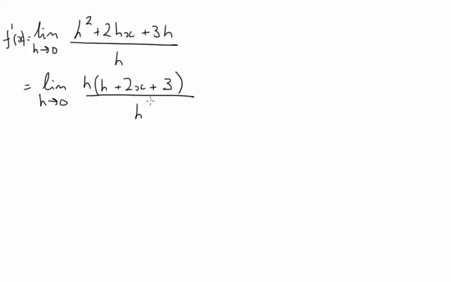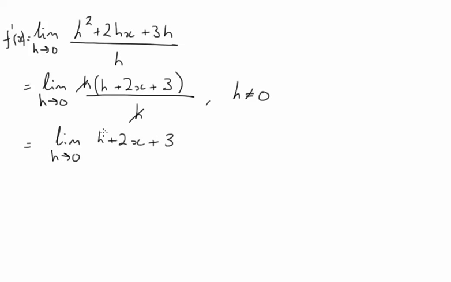This is a very important step. When you cross these two out, you must write h does not equal 0, because you can't cancel them if h equals 0. You're basically showing you understand calculus here. Really important. And then they cancel, so we have the limit as h approaches 0, h plus 2x plus 3.